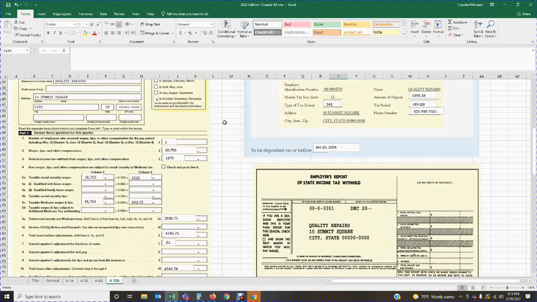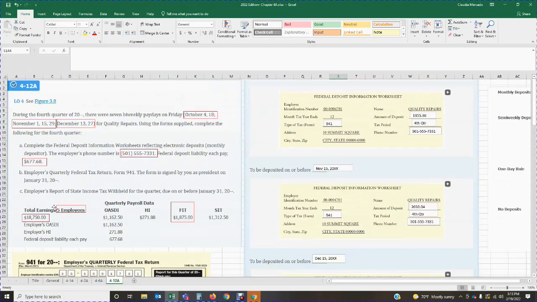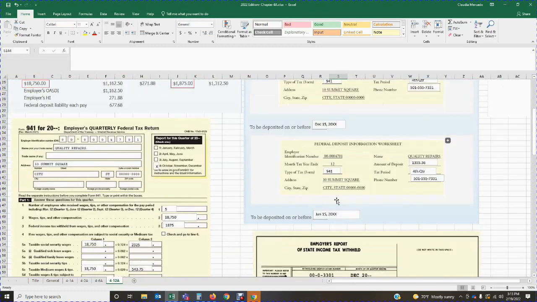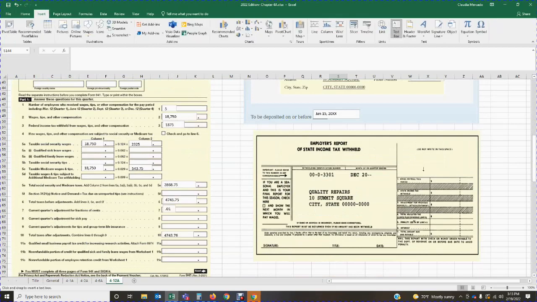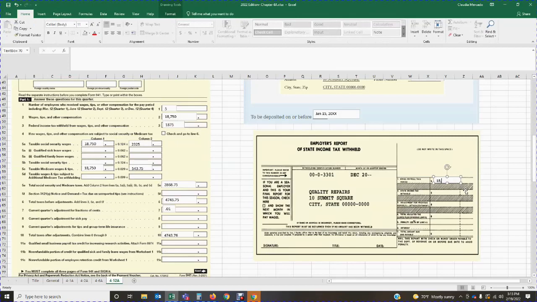According to the problem, remember our payroll was $18,750. Coming from the problem, $18,750. So the first box, $18,750. The second box states, what is the state income tax withheld?